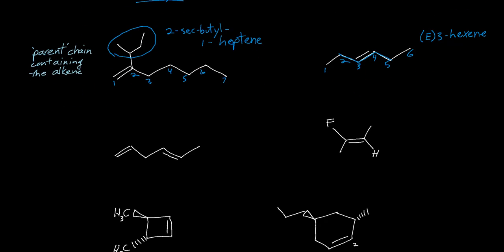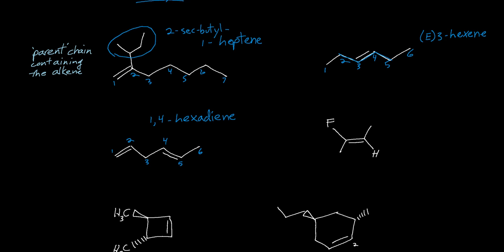Continuing on. When we have 2 double bonds in the same chain like this, it's a diene. So 1, 2, 3, 4, 5, 6 puts the 2 enes starting at 1 and 4 rather than at 2 and 5 if you numbered in the other direction. So this is a 1,4-hexadiene.